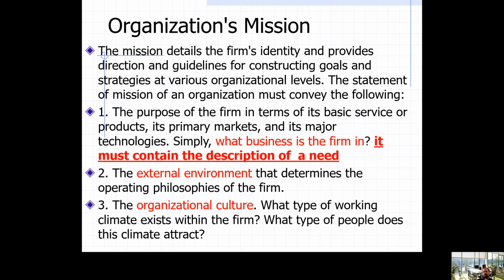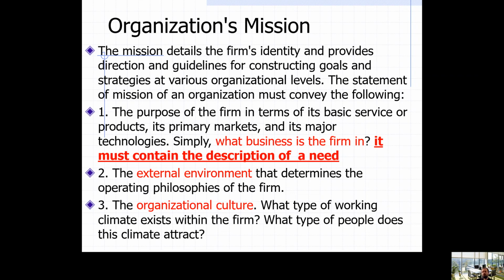So generally, mission must contain the following parts. It must have the description of our business, and what is quite important, there is a very big gap between the description of a need and the description of the product.